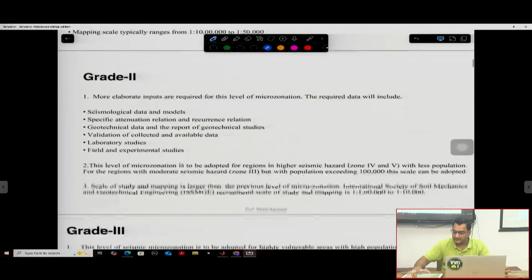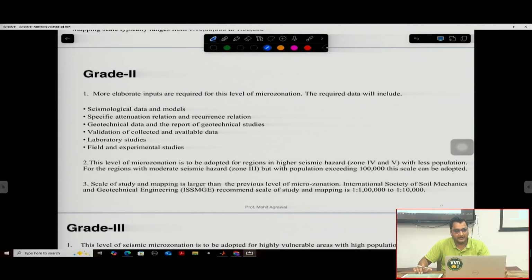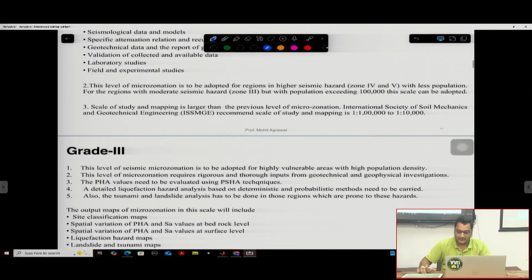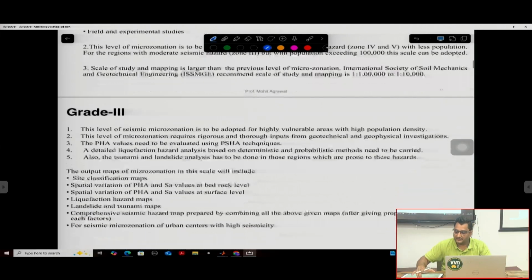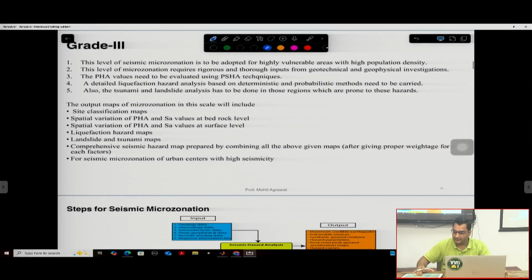And then grade 2 basically requires more elaborate inputs, and you do consider the site-specific attenuation relations and the recurrence relations, geotechnical data as well. Thereafter, laboratory studies such as the standard penetration test and cone penetration test, you may want to do.